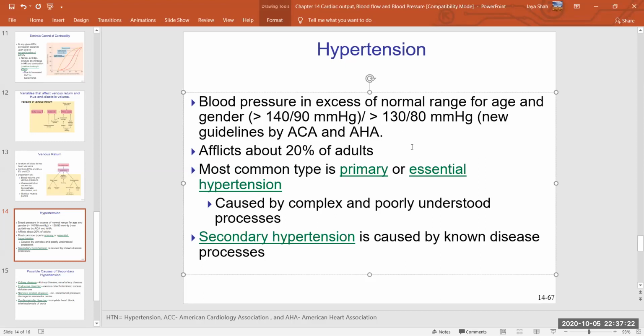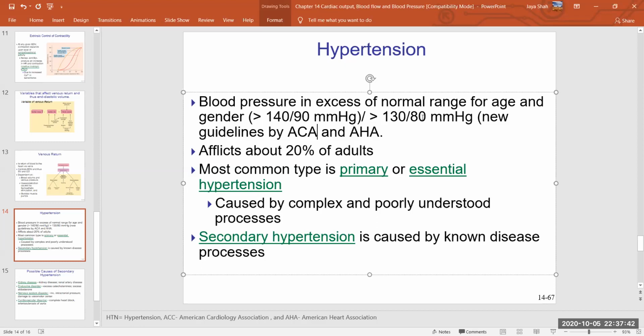But these are the new guidelines. According to the new guidelines, hypertension is more than 130 over 80 millimeters of mercury. Okay, so it has dropped the value of blood pressure to be diagnosed as hypertension.